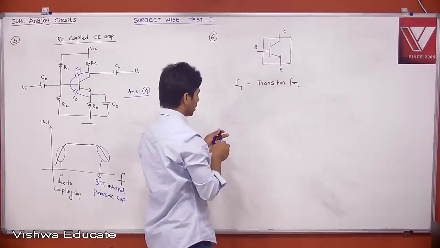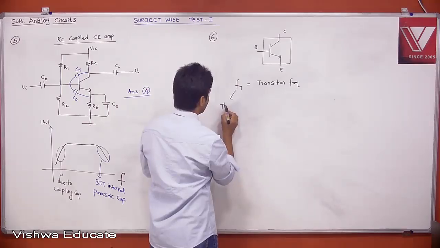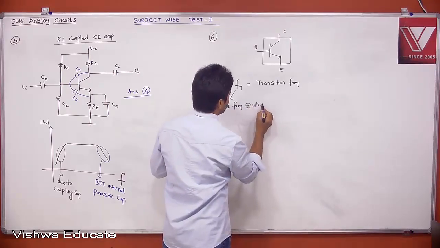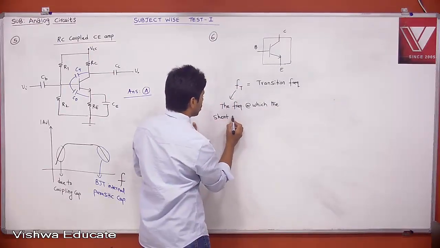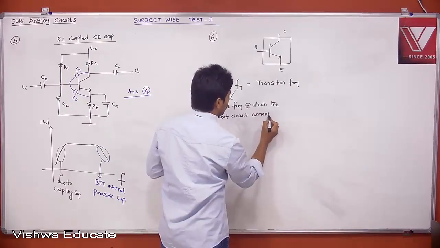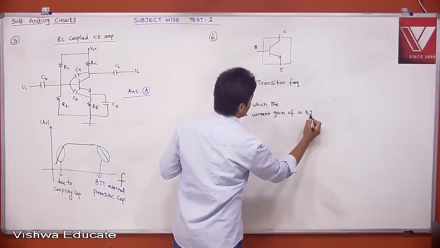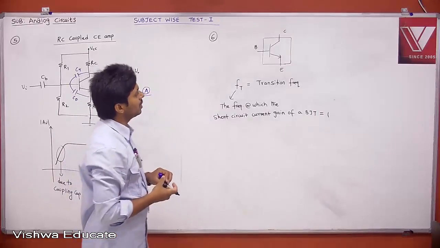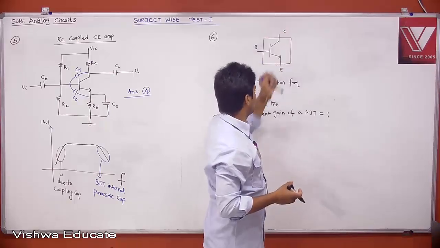Transition frequency is the frequency at which the short circuit current gain of a BJT is equal to 1. That is, the frequency at which your input AC current is equal to the output AC current. That is what your Ft is.